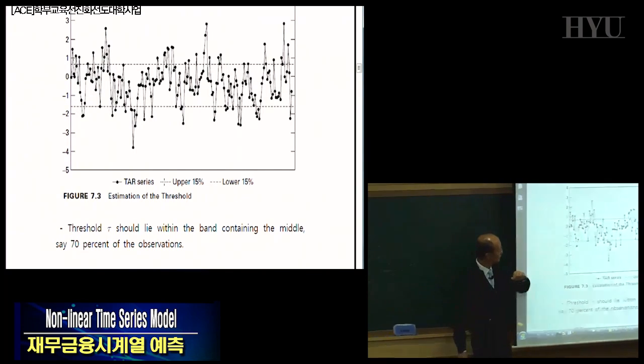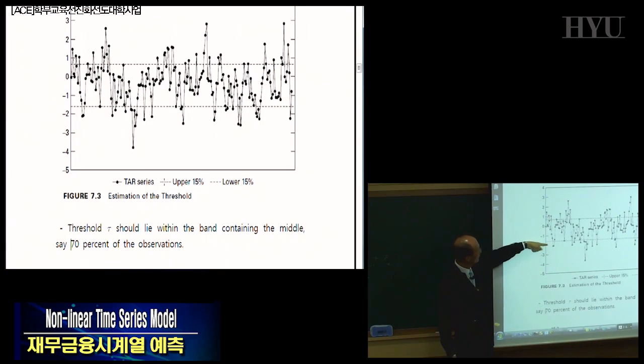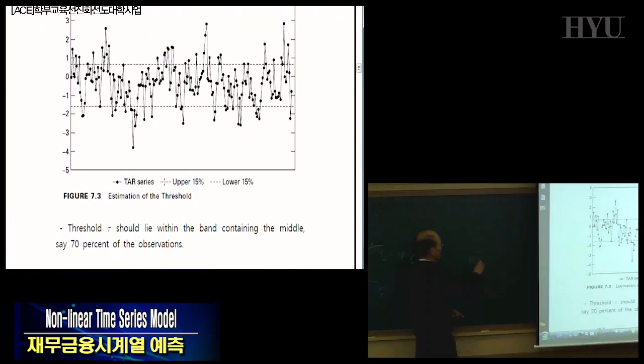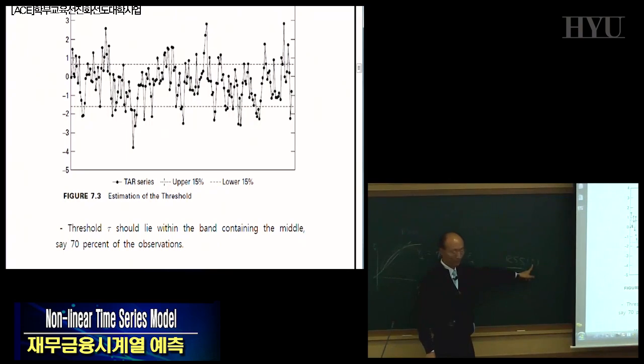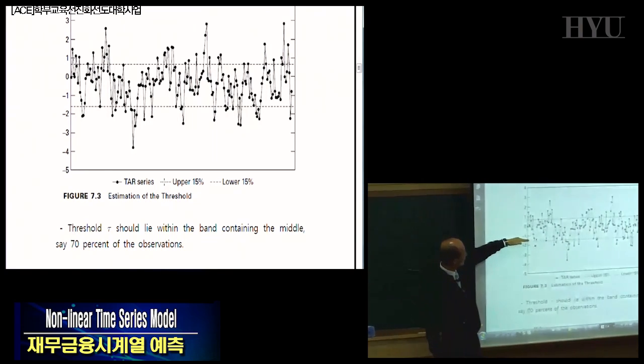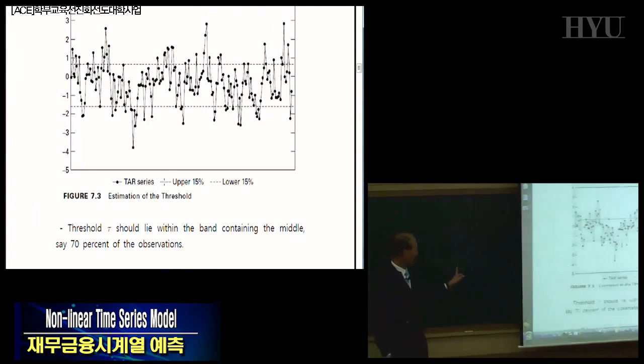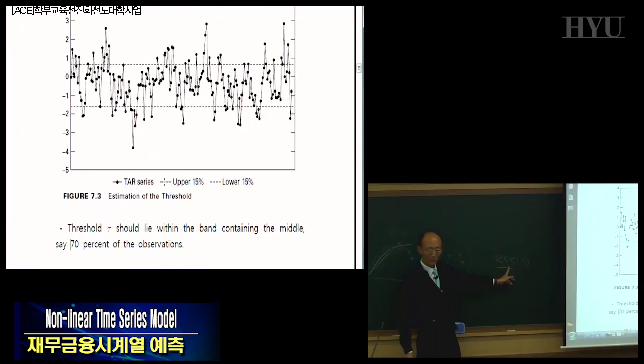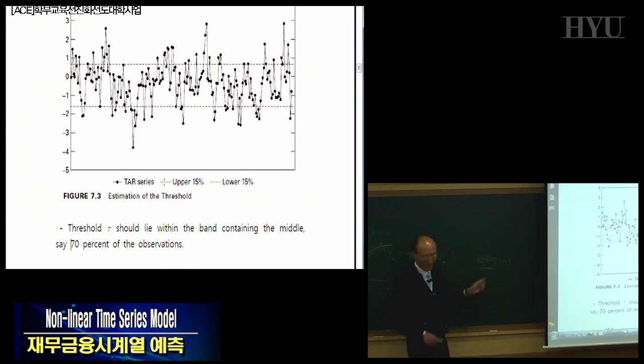Let's say you pick this lower bound as a threshold, fit the TAR class model and compute the residual sum of squares for that particular threshold. Then you change it one by one, fit the model, and calculate the residual sum of squares. We know that the smallest residual sum of squares is desirable.